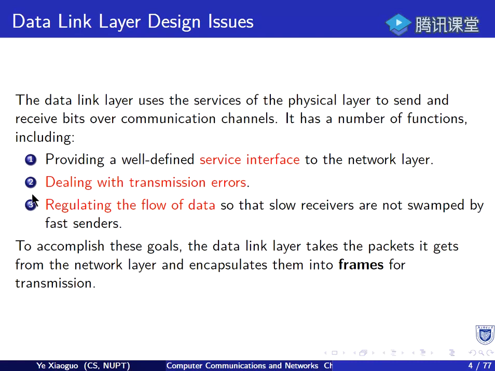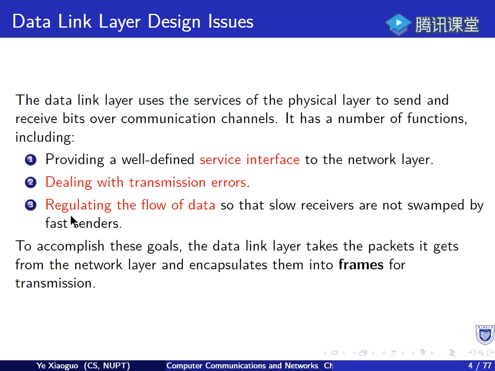Function 3 is to regulate the flow of data so that slow receivers are not swamped by faster senders.